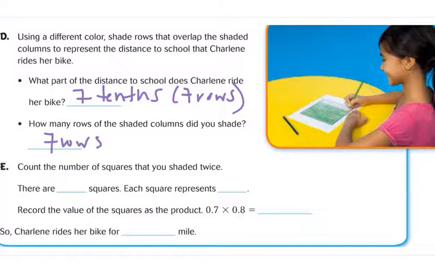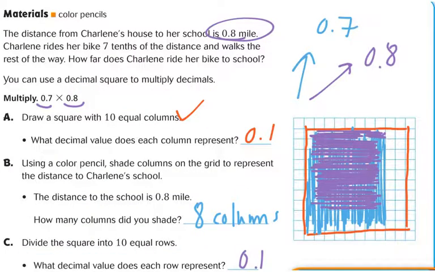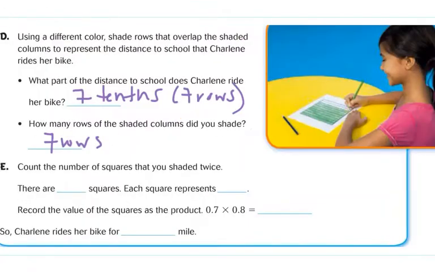Part E says, count the number of squares that we shaded twice. So what we're going to do is we're going to see how many squares that we shaded twice. If we look at it, we did 8 columns and 7 rows. We know that 8 times 7 is 56.